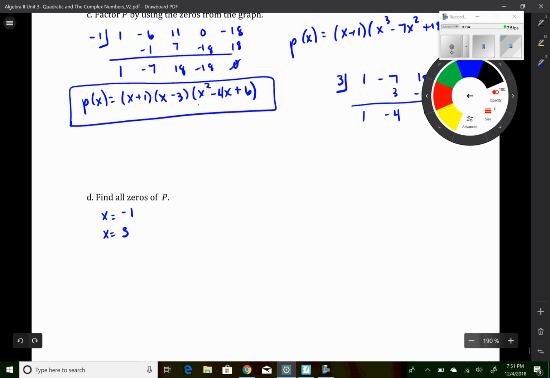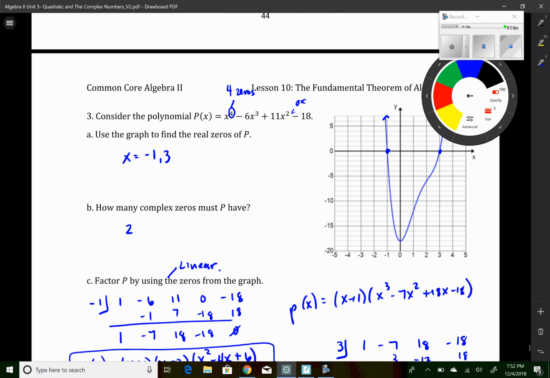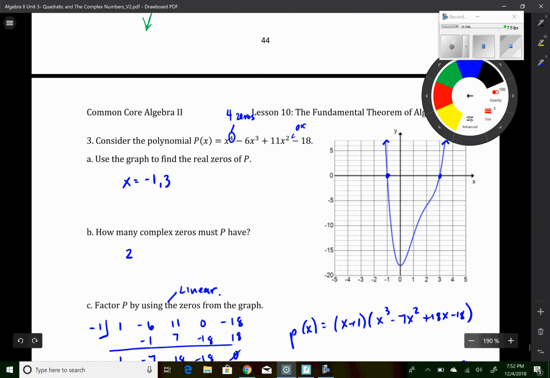The other zeros are going to come from this quadratic. So the discriminant here is negative 4 squared minus 4 times 1 times 6. So if I do that, I get negative 8 for my discriminant, telling me that that's going to have complex zeros. I already knew that though, because the graph only crosses the x-axis twice.